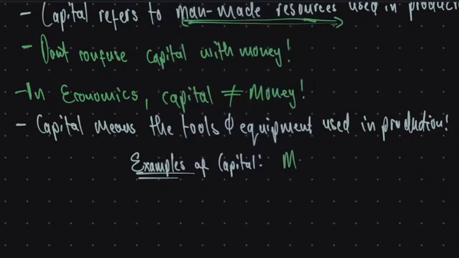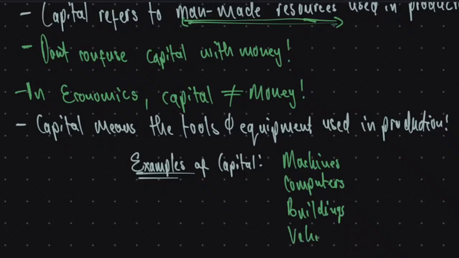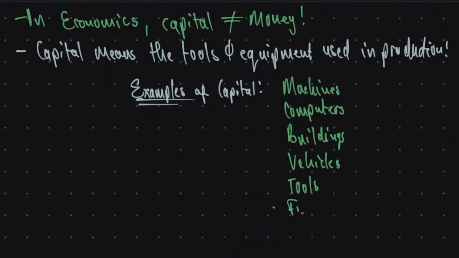Machines are capital. Computers, buildings, vehicles, tools, factory equipment are man-made.